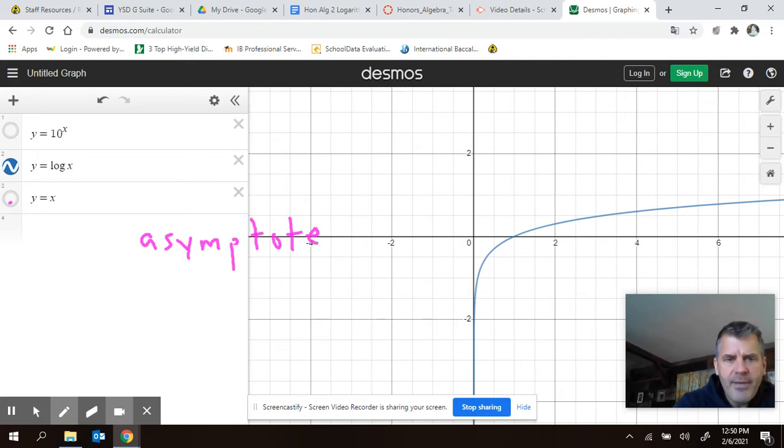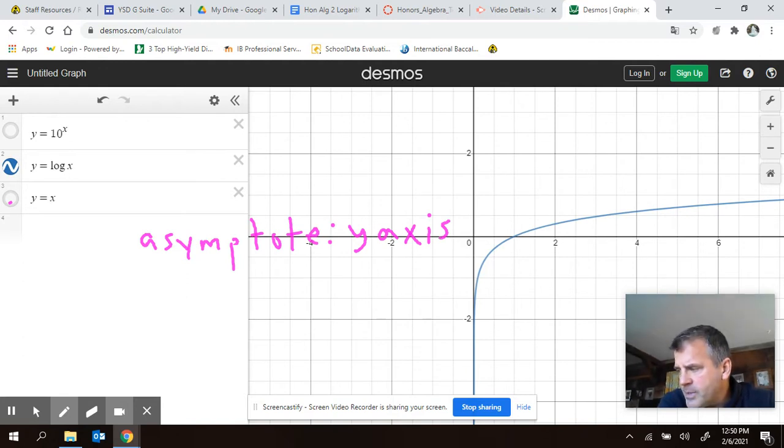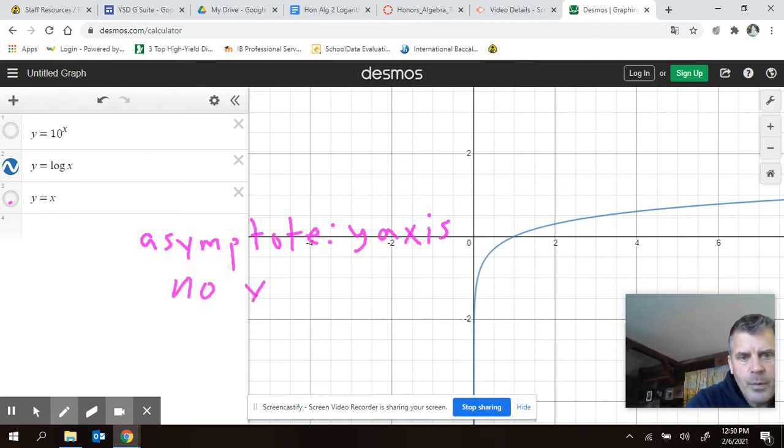Well, first of all, we have an asymptote that is the y-axis. We don't have a y-intercept because it's never going to hit the y-axis. So that's something to consider. No y-intercept. You might write that.